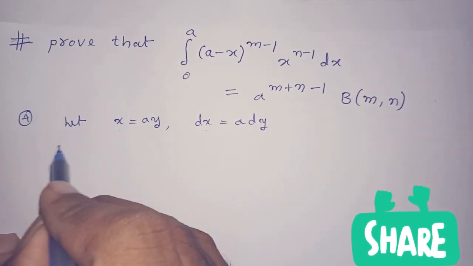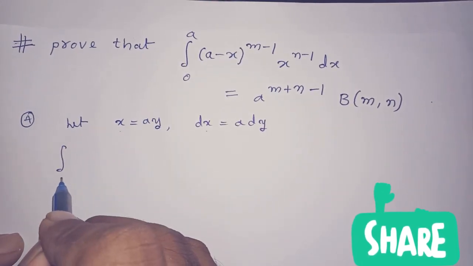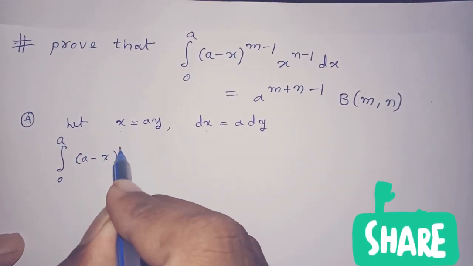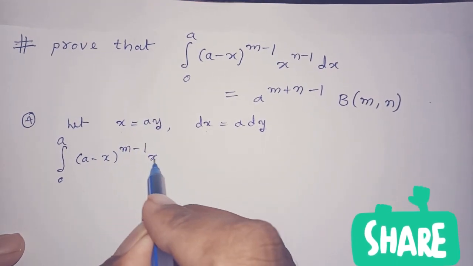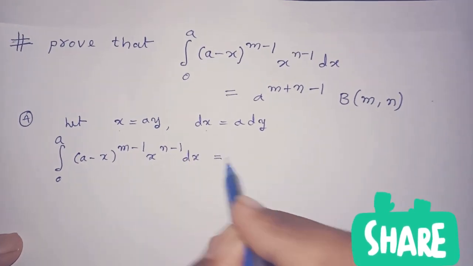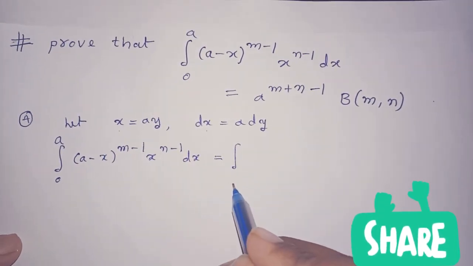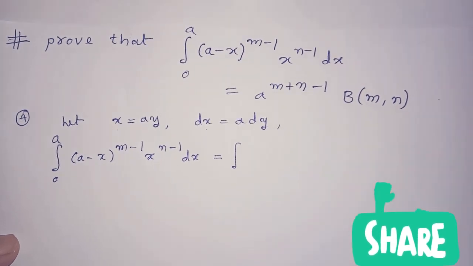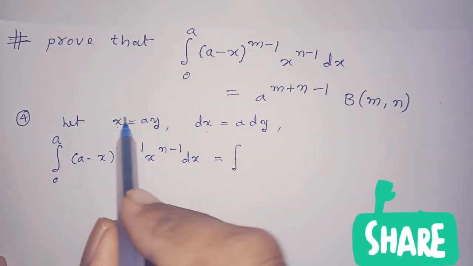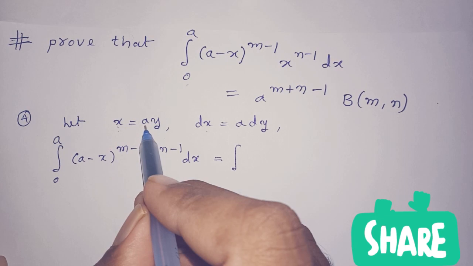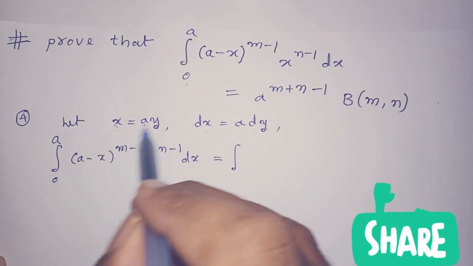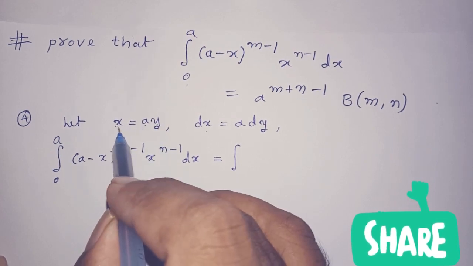Okay, the given problem is the integral within limits 0 to a of (a minus x) to the power of m minus 1, x to the power of n minus 1 dx, which will become an integral within limits. Now in this transformation, when x is equal to 0, y becomes 0 because ay is equal to 0, therefore y is equal to 0 by a, y is equal to 0.